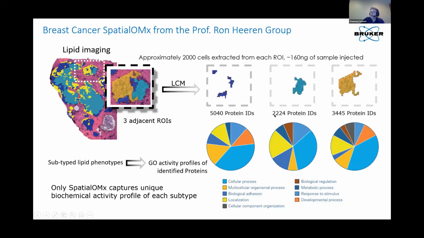Then when you take all those protein IDs from each of those subtypes and plot out the protein activity from an ontology database, you get activity profiles like the pie charts here that are obviously very different. So clearly, for subtypes of a tumor based on the lipid population, we can now get quite a bit more highly specific information, like the proteomic profiles of each of those, to get that layer of information that you would otherwise miss.